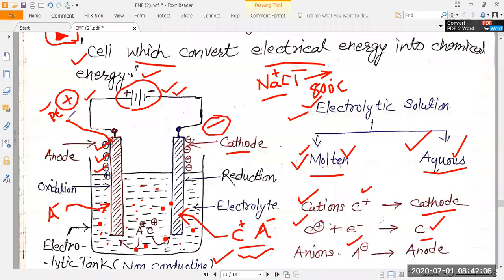For example, in this electrolytic cell, we take a platinum electrode, and this platinum does not react with electrolytic solutions, so it is an inert electrode.